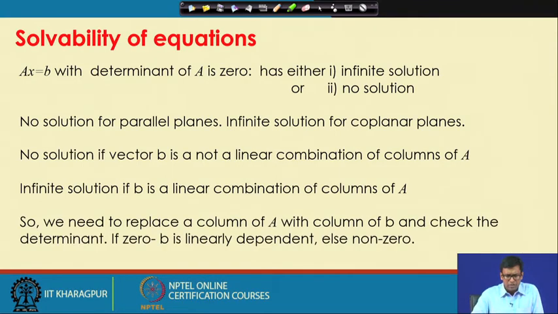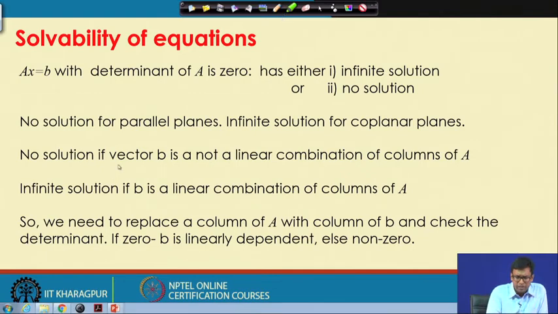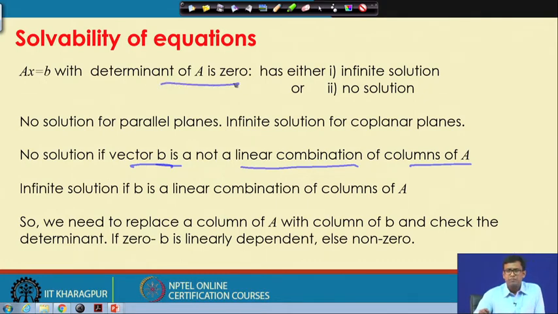So we have to check whether vector b is a linear combination of columns of A, and these things are happening when the determinant of A is 0. That means at least one column of A, or more than one column, is a linear combination of some other columns of A. Now we have to see whether b is also a linear combination of A.